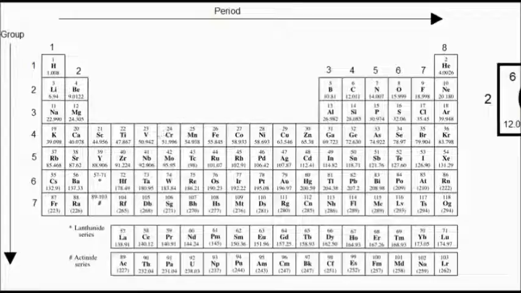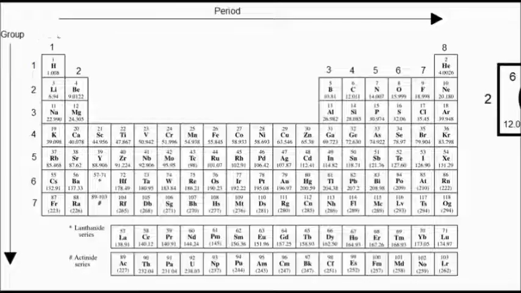The big number at the bottom is the number of protons plus the number of neutrons. So the bottom number tells you how much the nucleus of an atom weighs.